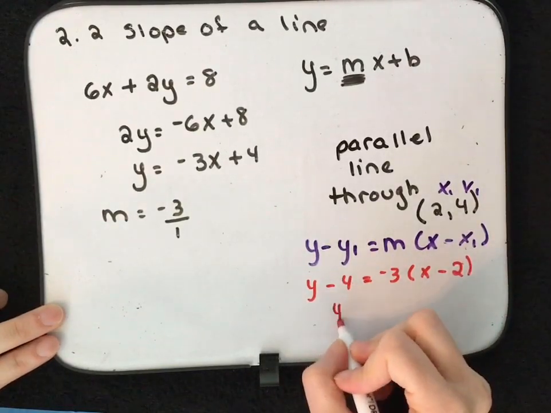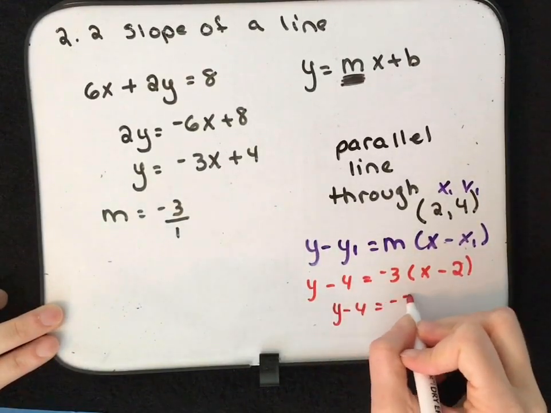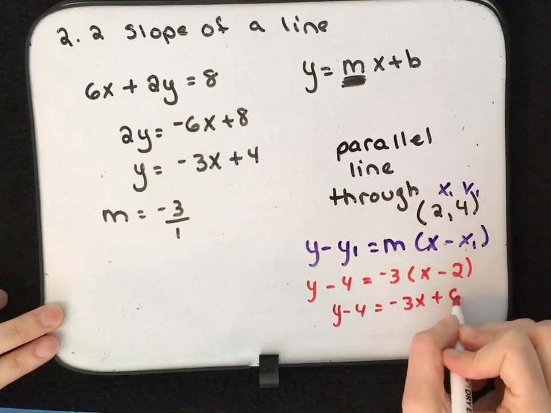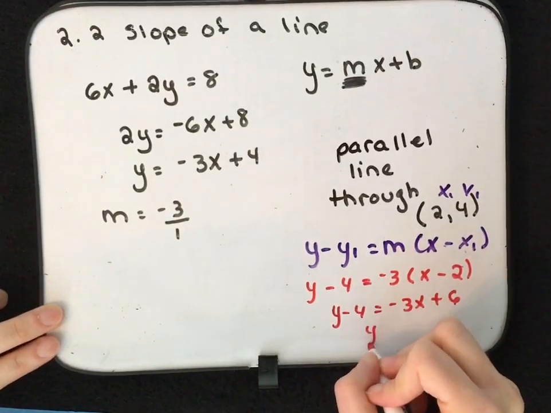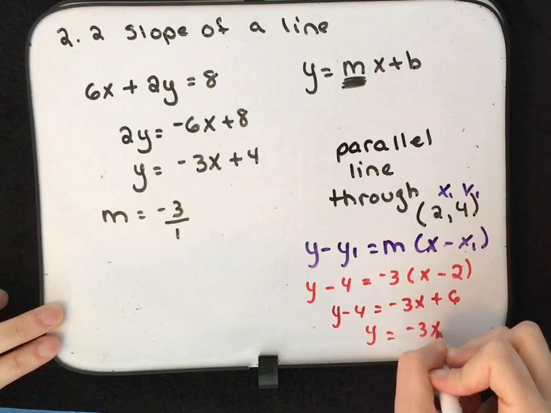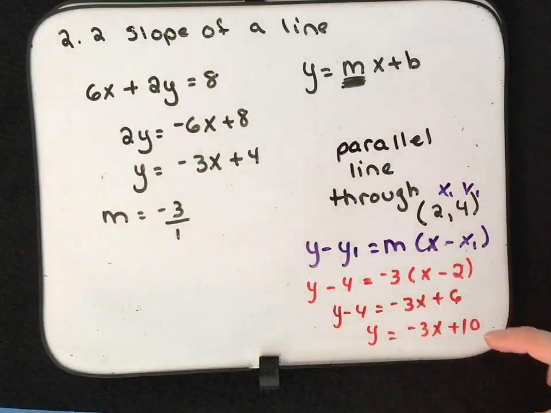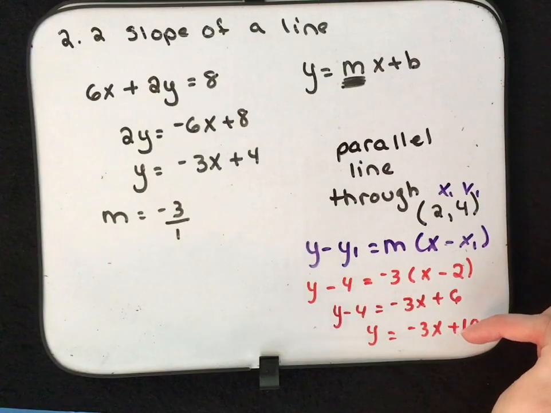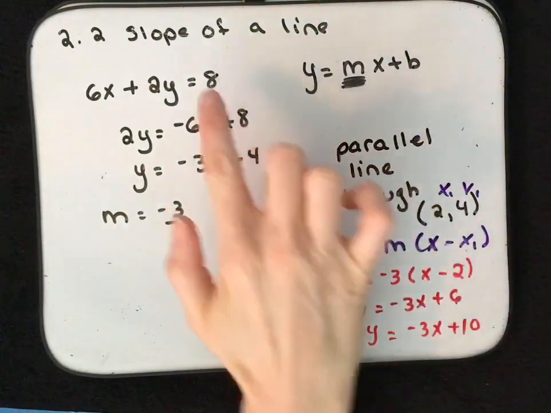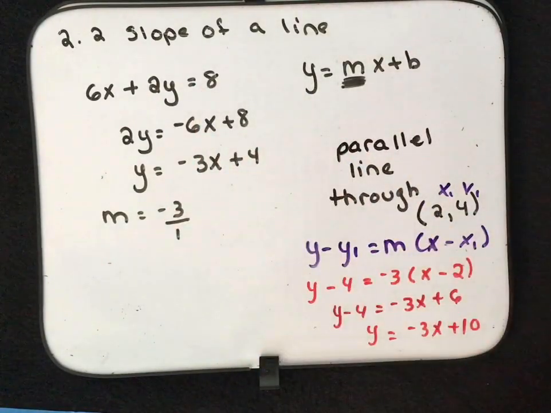So y minus 4 equals negative 3x plus 6. Add our 4 to both sides. So looking at a parallel line, we would have y equals negative 3x plus 10. This line and this line will be parallel, but they will pass through 2 different points.